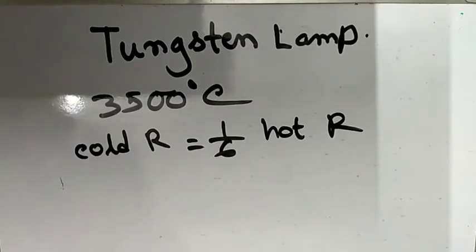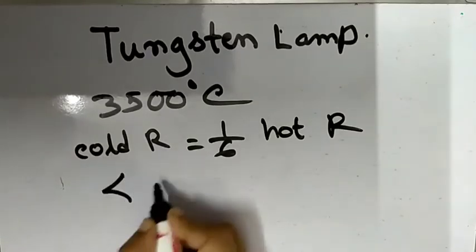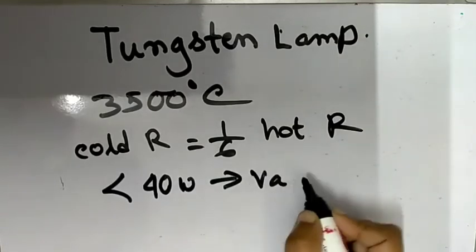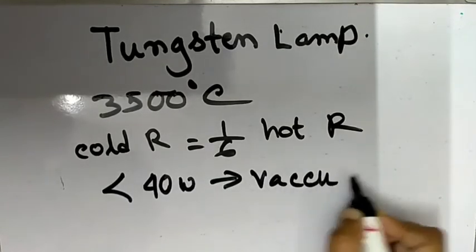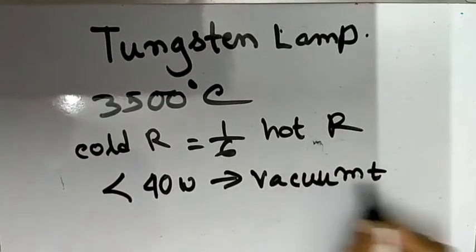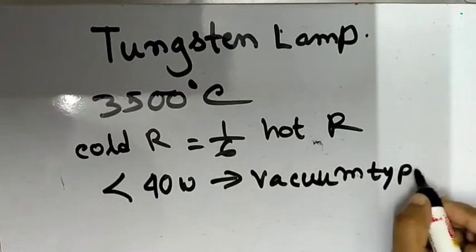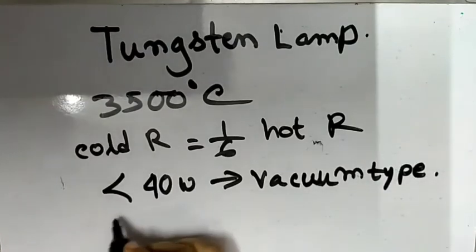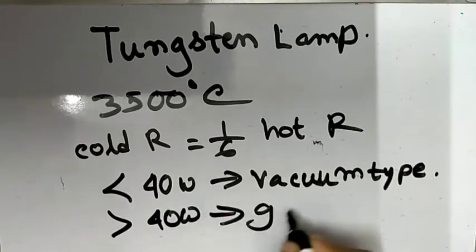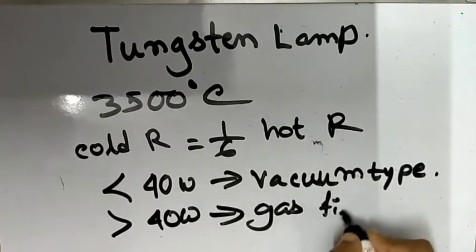Usually bulbs with rating 40 watt and above are gas filled, whereas below 40 watt they are vacuum type.